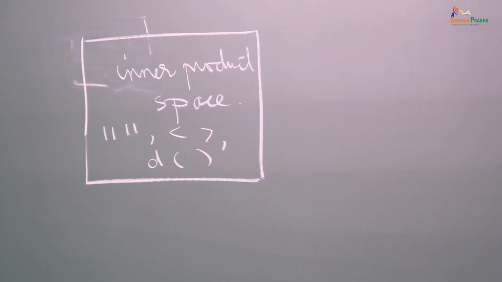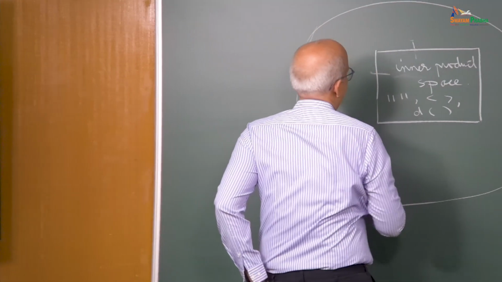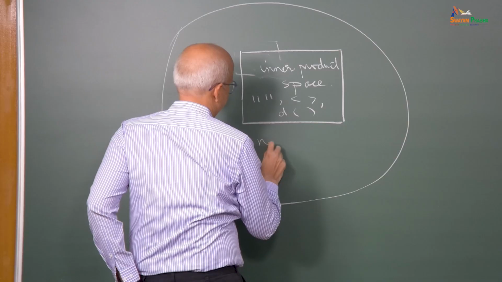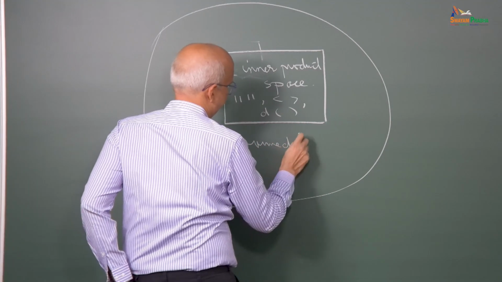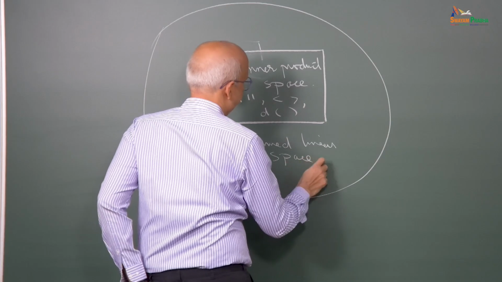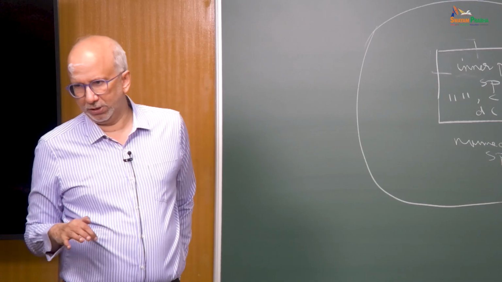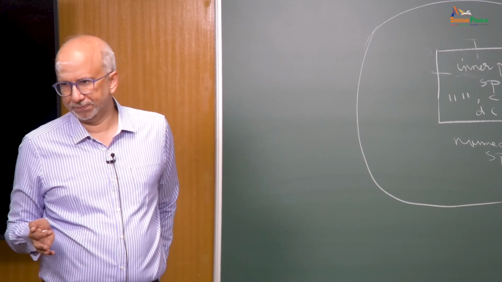But I can have, and I am just going to draw a circle here, and I am going to call this a normed linear space. In the normed linear space, only the norm is defined, only the concept of length is defined. Okay.